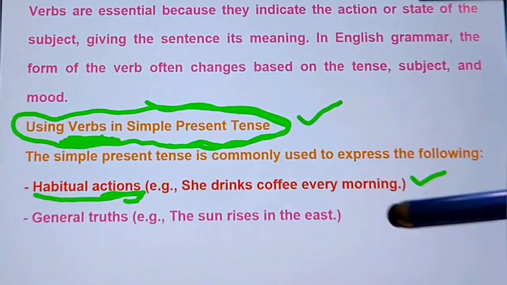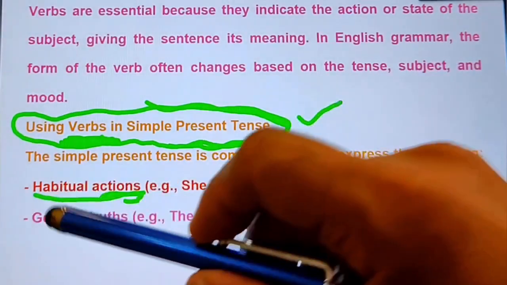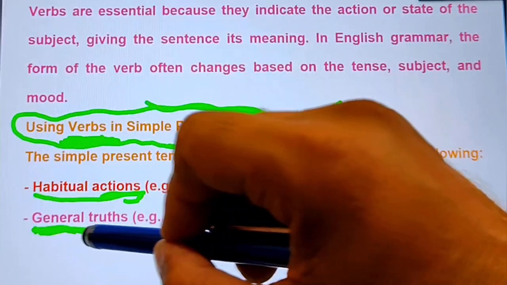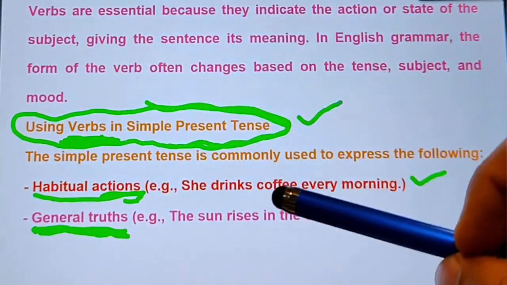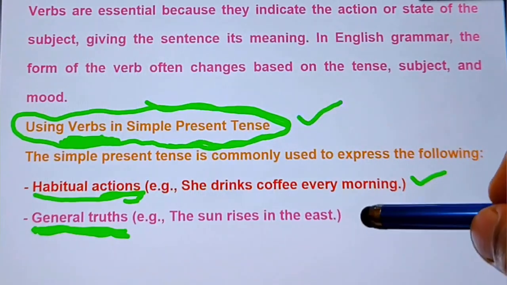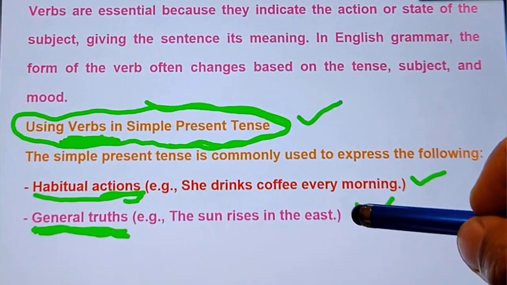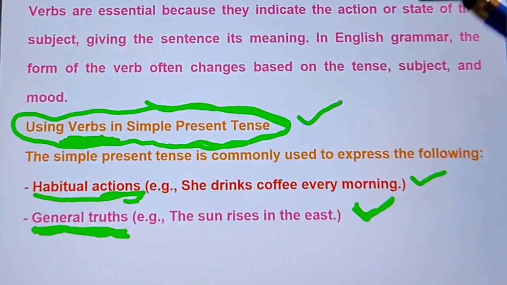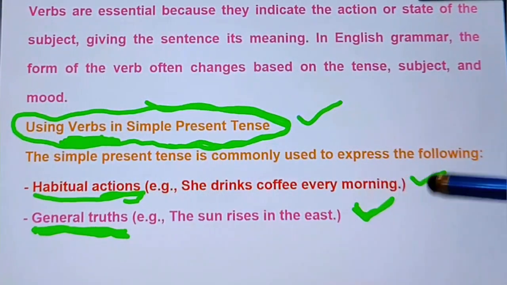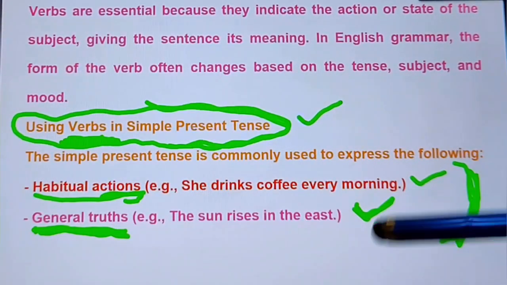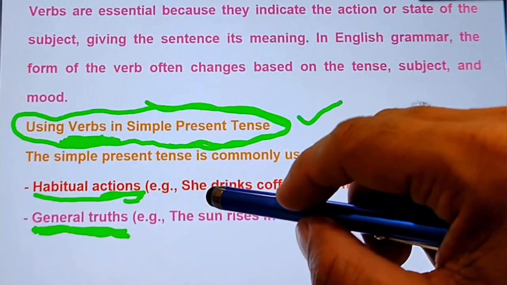So the next example we take here is for general truth. We use simple present tense for general truth. For example, the sun rises in the east. This is a general truth, and we use simple present tense here. So in these two sentences, what does the verb describe here? The verb here is drinks.